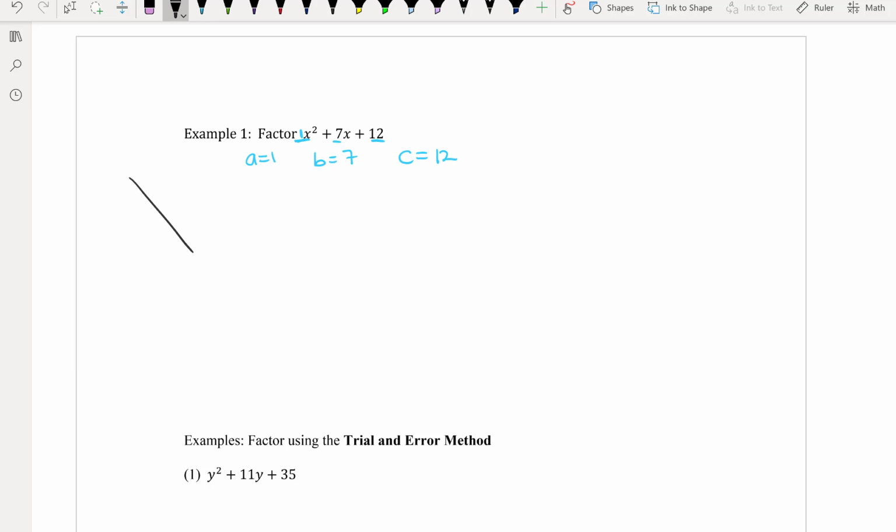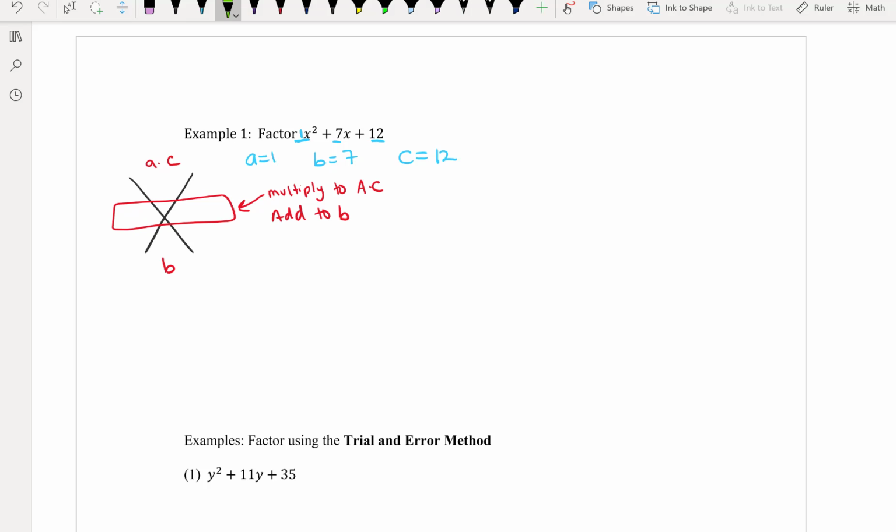If I'm making the chart to help me, I know that up on top, I have A times C, and I have my B value on the bottom. I want to multiply to A times C and add to B. That's your goal there.